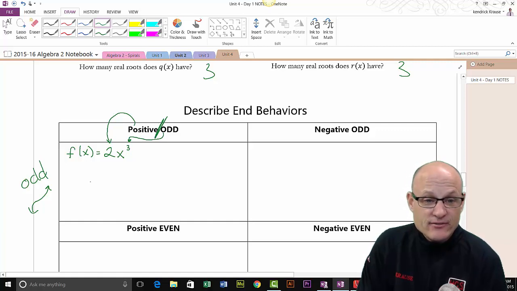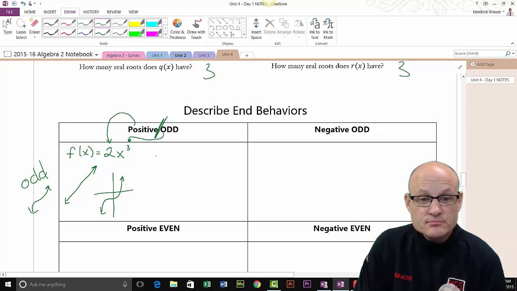Well, just like with a linear function, if you had a linear function that had a positive leading coefficient, it would go up in this direction. Well, that means that if it's a cubic, it's just going to look a little wiggly, but it's still going to do that same thing.